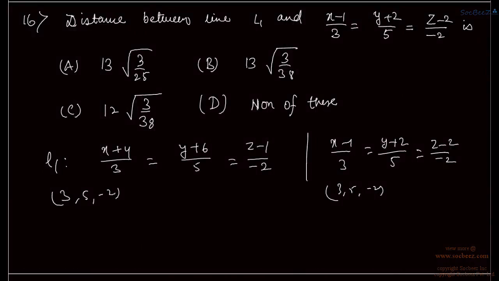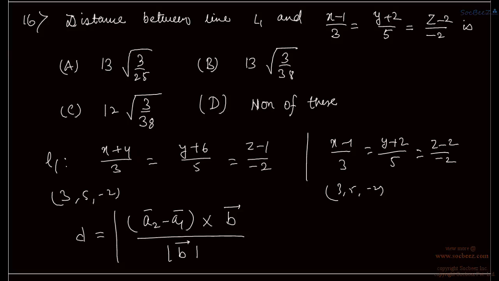So to find the distance between two parallel lines, we have a formula. D is equal to the modulus of A2 minus A1 vector cross B vector, upon magnitude of B vector. Okay, overall modulus. So first, what is A2 minus A1? A2 is a point on this line, and A1 is a point on this line, and B is a parallel vector to the lines. So we have a parallel vector B as 3i plus 5j minus 2k.